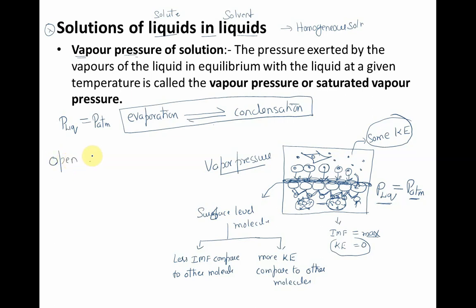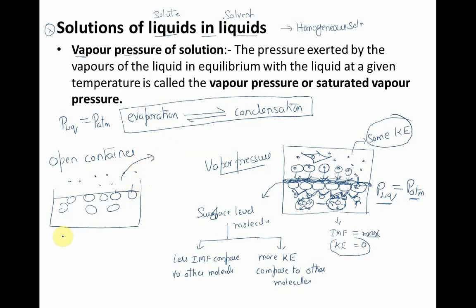Why can it not be carried out in an open container? You may ask why this process cannot be carried out in an open container. If I use an open container, the molecules collide and fight with each other. As soon as they do, the molecules vaporize when the pressure of the liquid becomes equal to atmospheric pressure, and they never stay within the container. They move out into the surroundings.